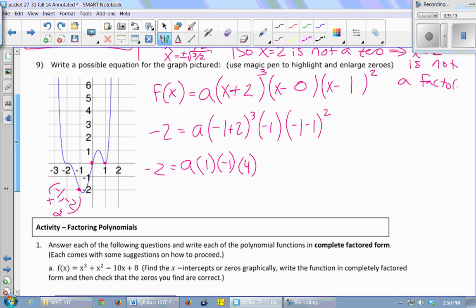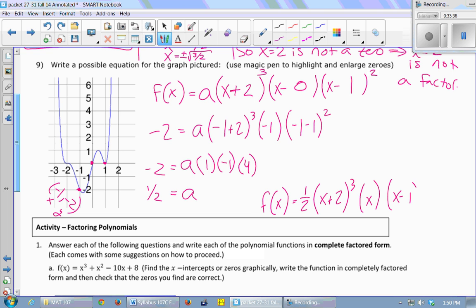So when I solve for a here, divide both sides by -4, and I get a is 1/2. So now I have the entire equation. I know that f of x is equal to 1/2 times x plus 2 cubed times x minus 1 squared. So you start putting in the zeros, translating zeros to factors, and then at the very end you solve for a by plugging in any point.